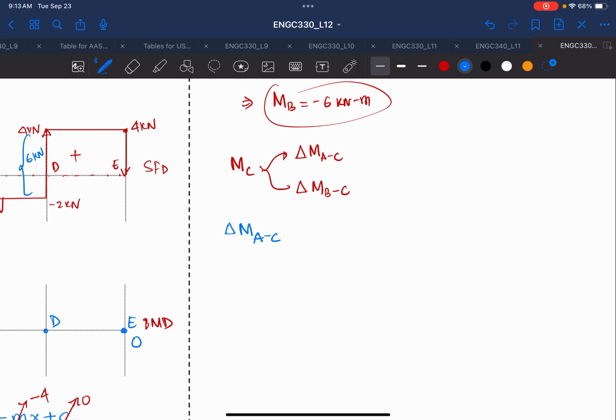You can move from right to left also, but make sure that you remember the order. From A to C, it will be MC minus MA, and this will be equal to the integration of your shear force diagram from A to C.